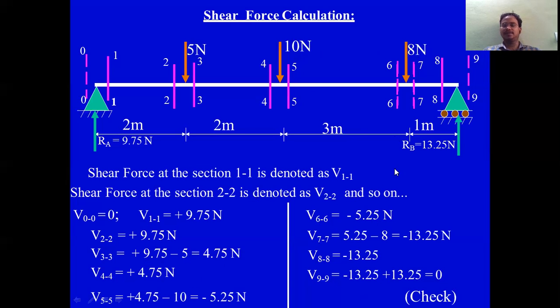Next, V66 is minus 5.25 Newton. Same. Now V77 here is also minus 5.25.